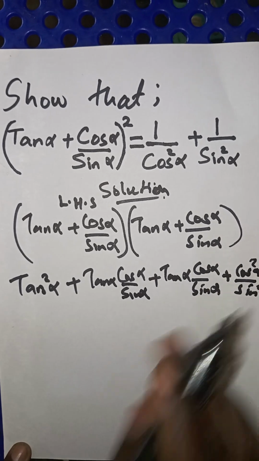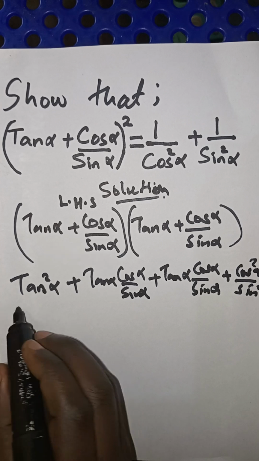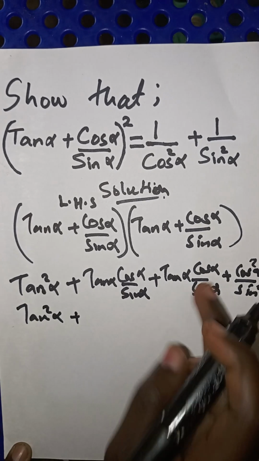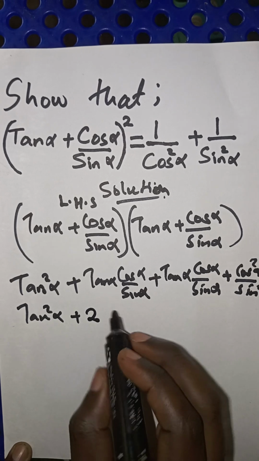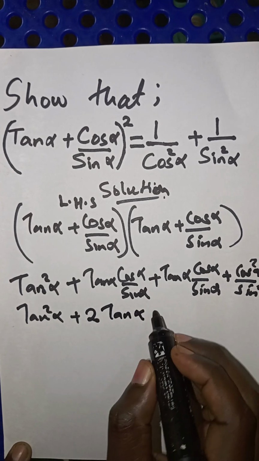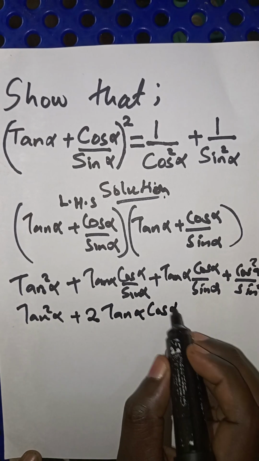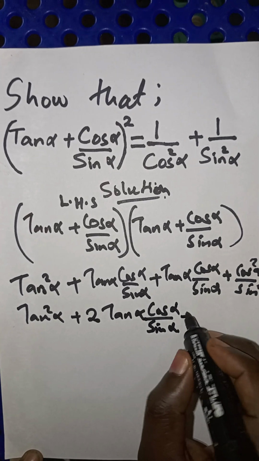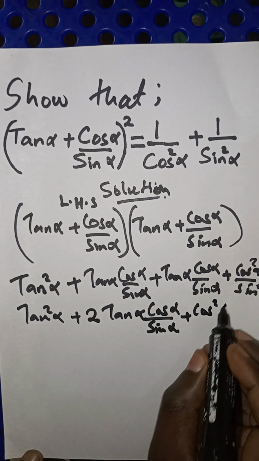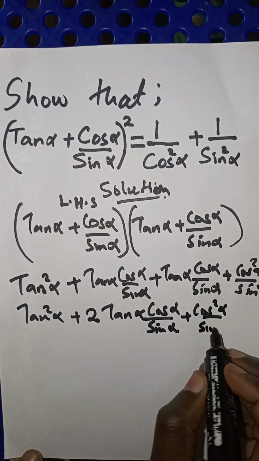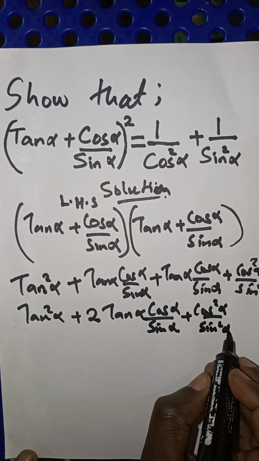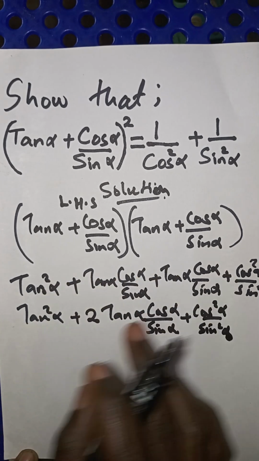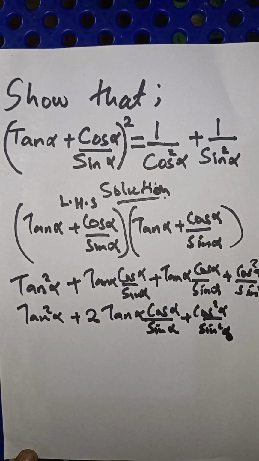Collecting like terms together, I get tan squared alpha plus twice tan alpha cos alpha over sine alpha plus cos squared alpha over sine squared alpha.